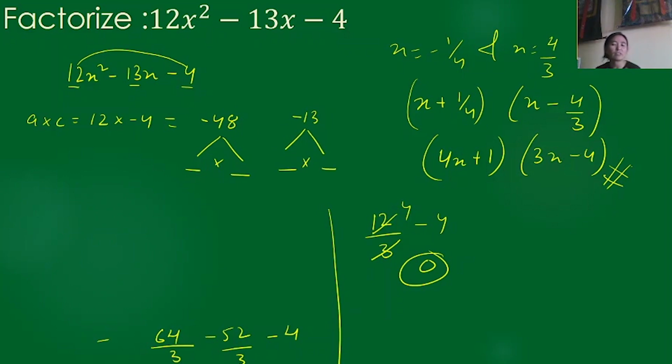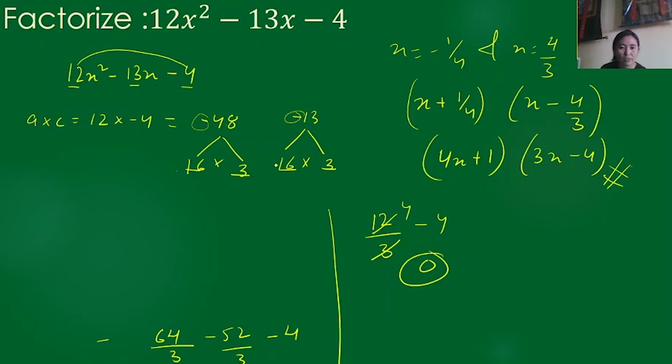Now you find the factors. Which two numbers when you multiply give 48? 16 3s are 48, so you write 16 and 3. Now the problem here is we have a negative sign on the middle term. Whenever the middle term has a negative sign, you put the negative sign on the greater number.